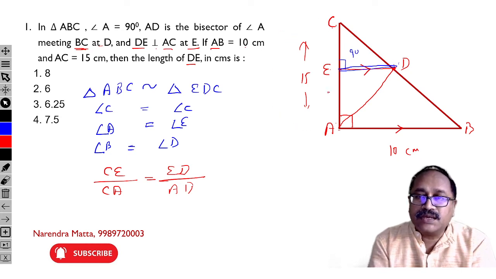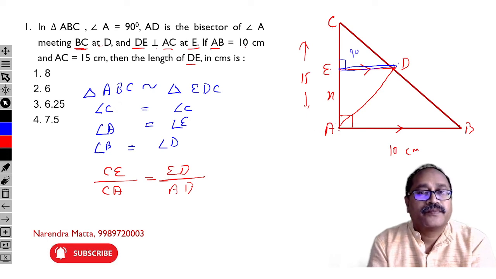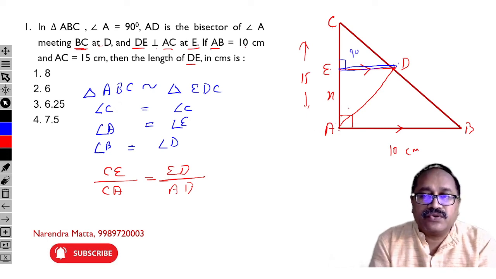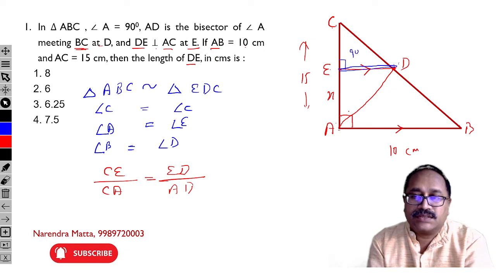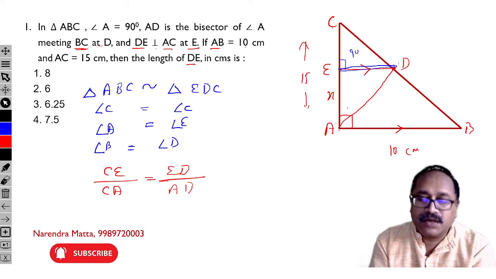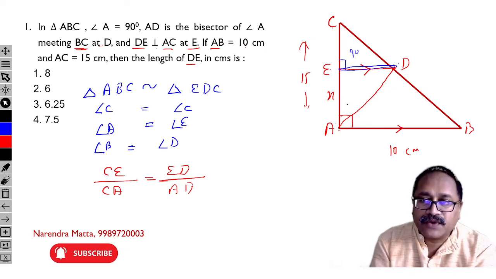So if I consider that this is x, then one point I request you to notice over here: this part is 45 degrees, and this one is 90 degrees. Then what will be this angle?